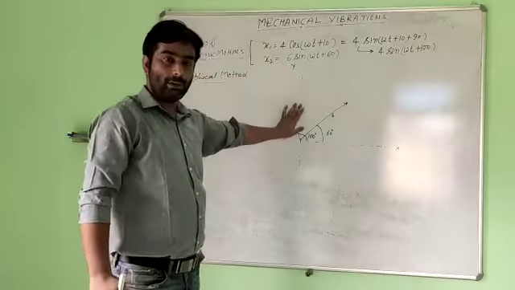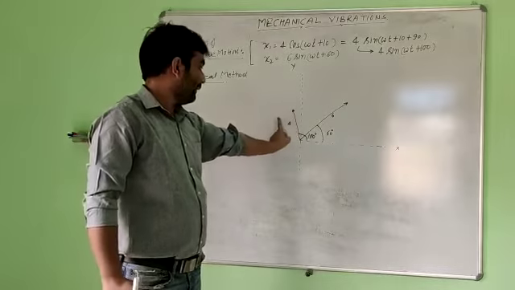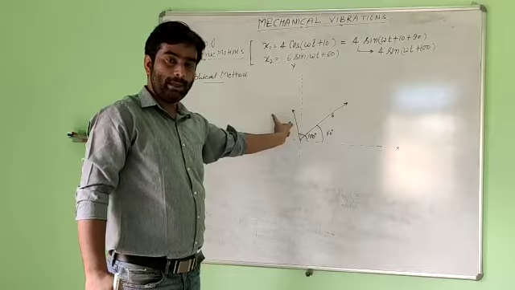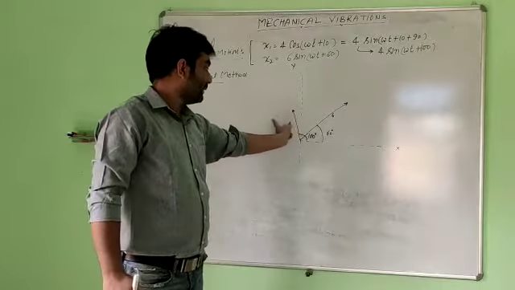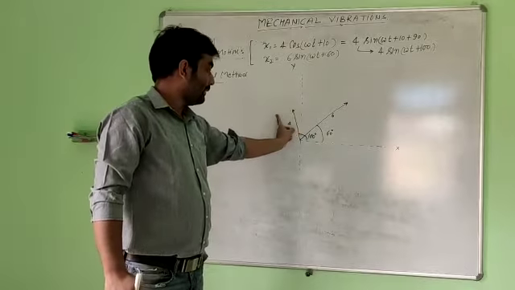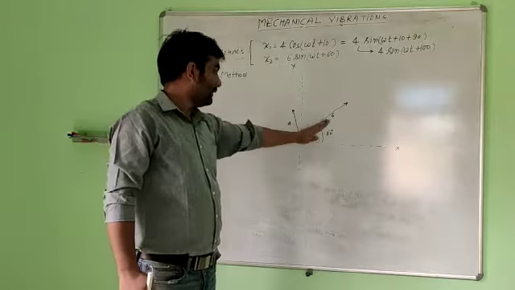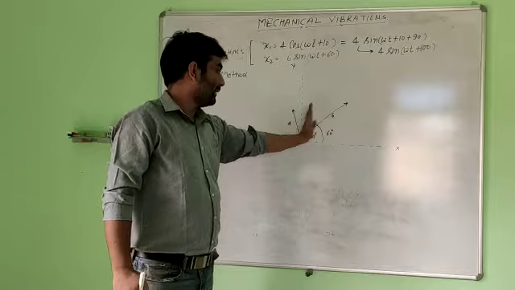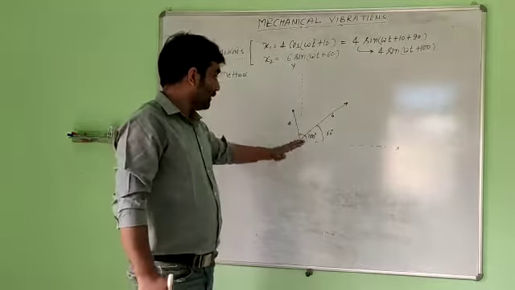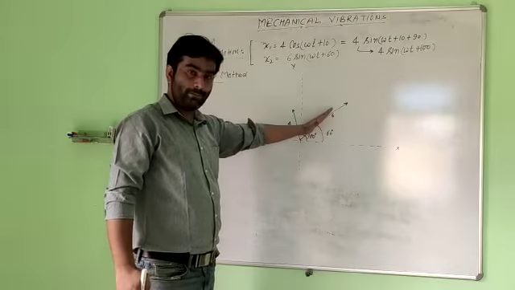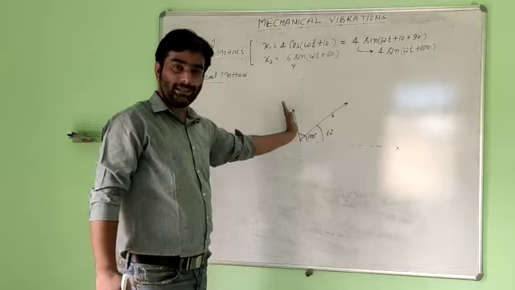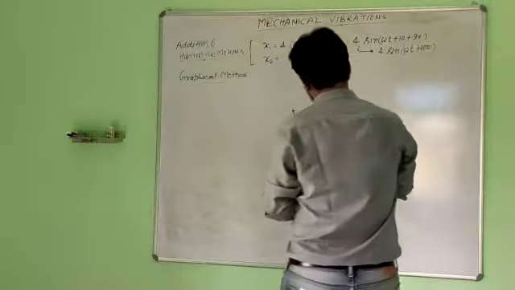Now we have to calculate the resultant. If we have two vectors, the resultant is given by the diagonal of a parallelogram taking these two sides as the adjacent sides. So we draw a parallelogram taking 4 and 6 as the adjacent sides.